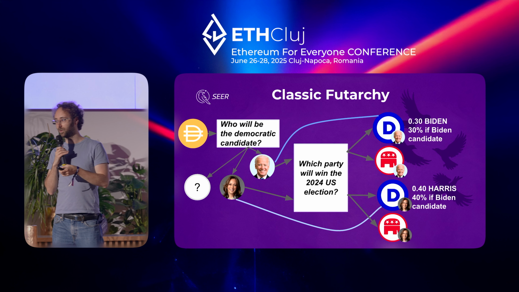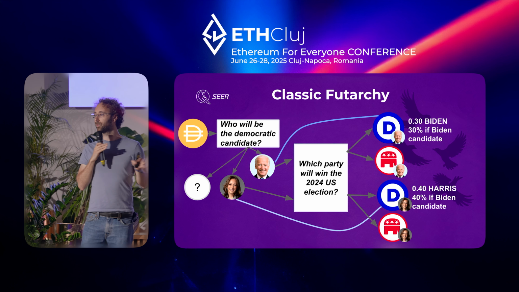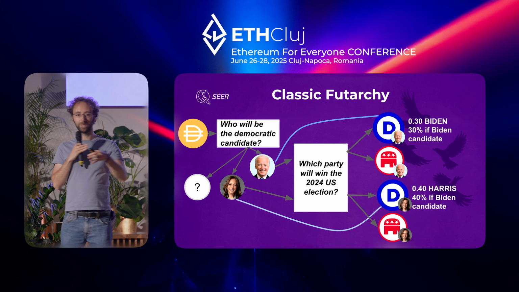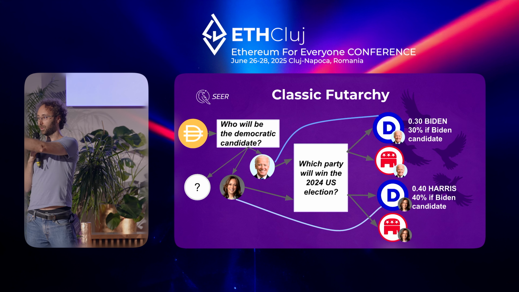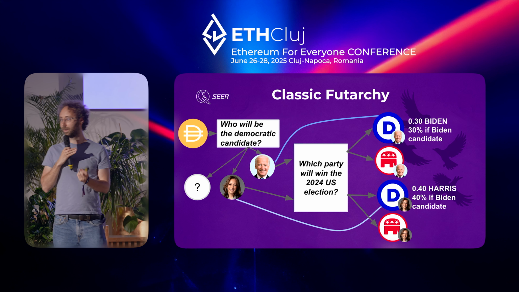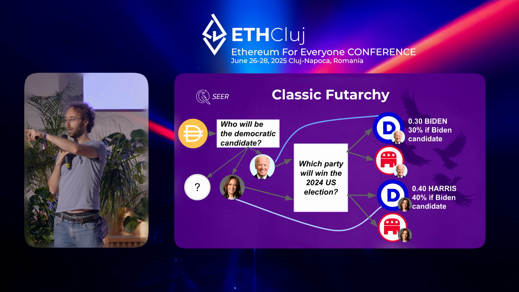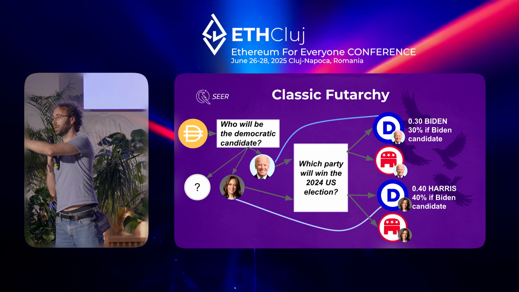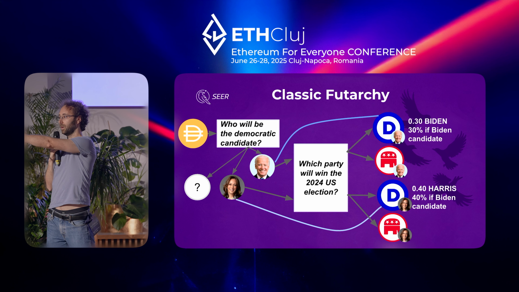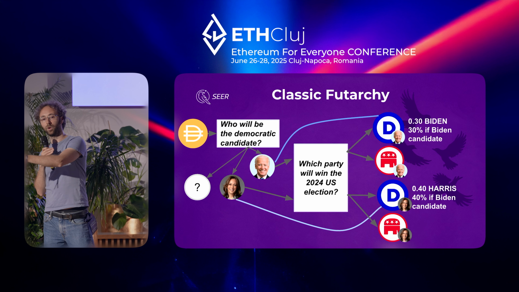So let's say we go back to the election. Let's say we are the Democratic Party, and here we want to win the elections. We have a list of candidates, so Biden, Harris, some others. We have the first market, which candidate will be the Democratic candidate. We get the Harris token, the Biden token, some other token, and now we put those into the second market, which asks which party will win the election. And so now we have a token which is a Biden Democrat. So Biden is the candidate and the Democratic Party wins.